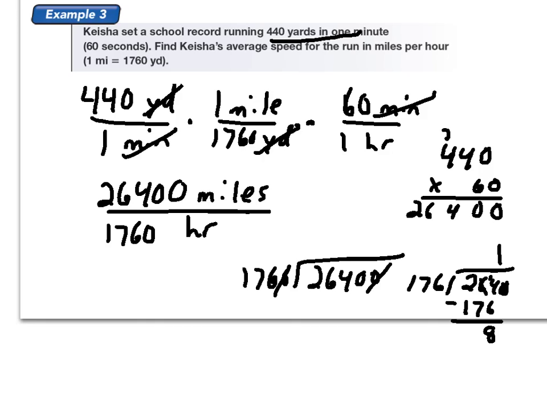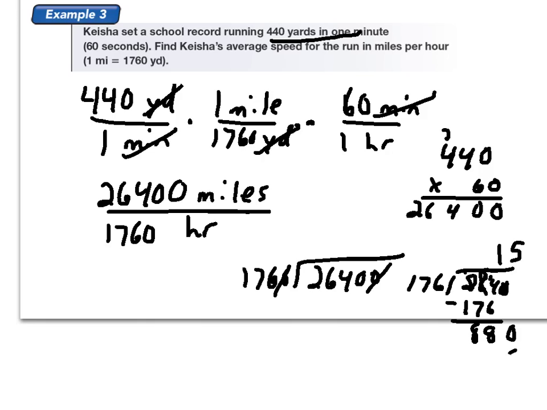I had to borrow and make this 16 but then borrow again, so it would be 15. And 15 minus 7 is 8. I want to know how many times 176 goes into 880. I'm going to go ahead and guess that to be about 5 times.